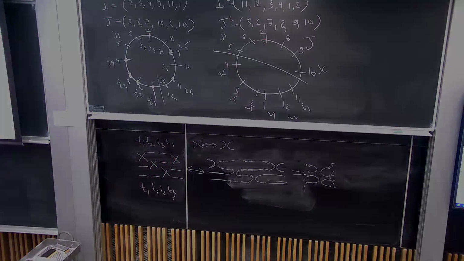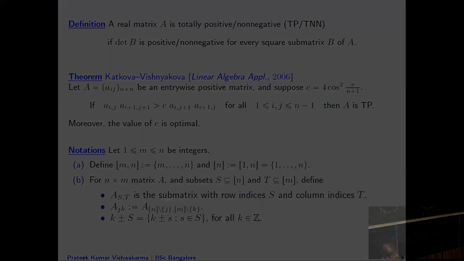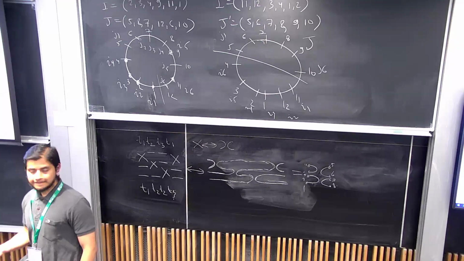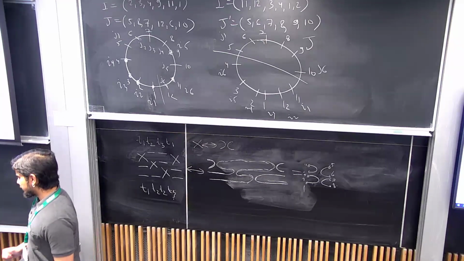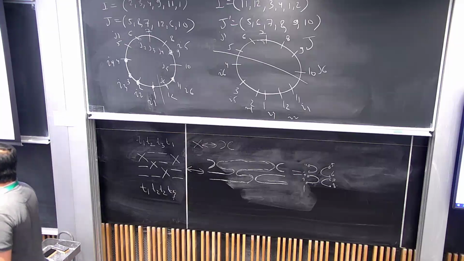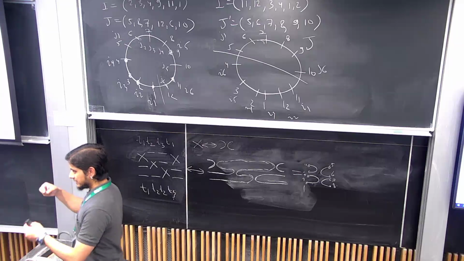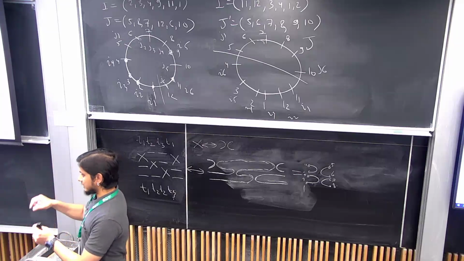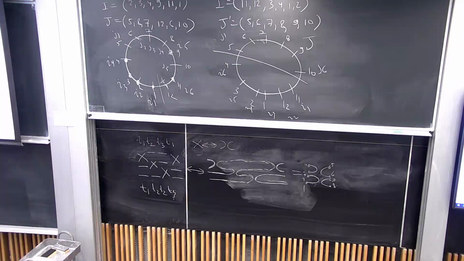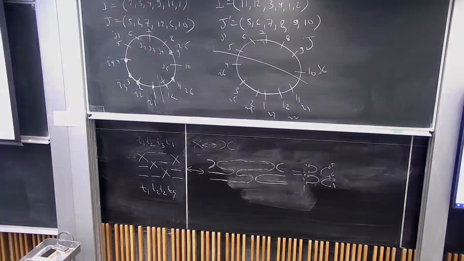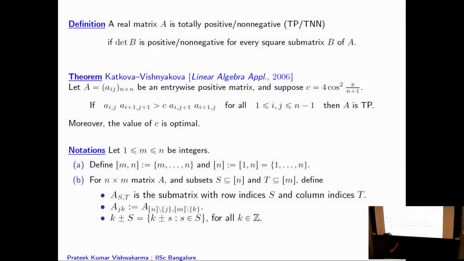So, totally non-negative matrices. It's a short answer. So we saw the bidiagonal factorization. What we have is that there is a diffeomorphism now from R^(n^2) to the matrices using that map.